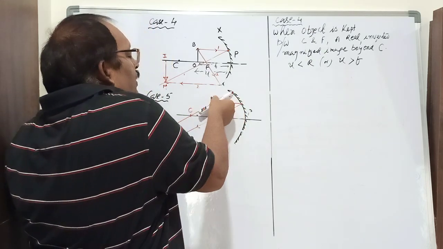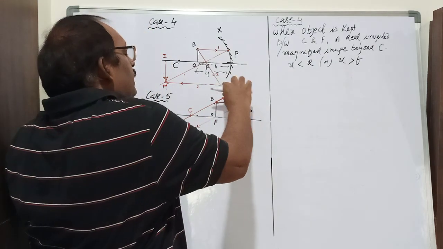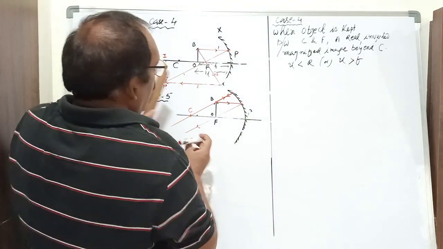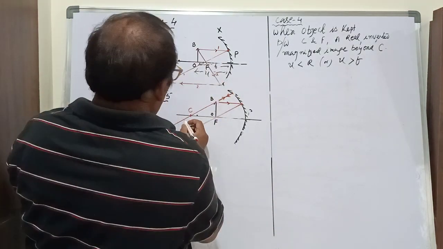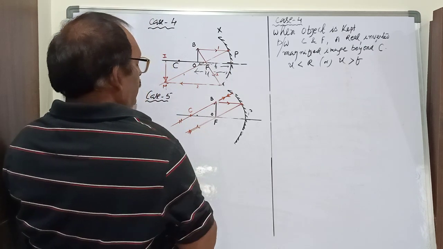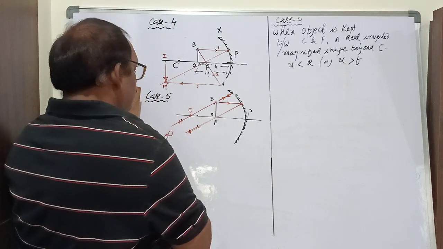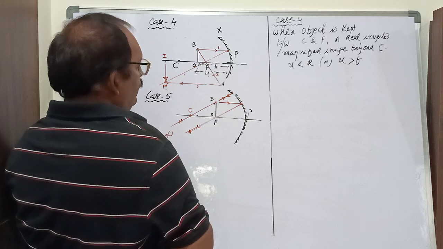So when the ray strikes the mirror at 90 degrees, it retraces its path. Because of that, these two rays are parallel to each other, and the image forms at infinite distance. The distance of the image will be equal to infinity.